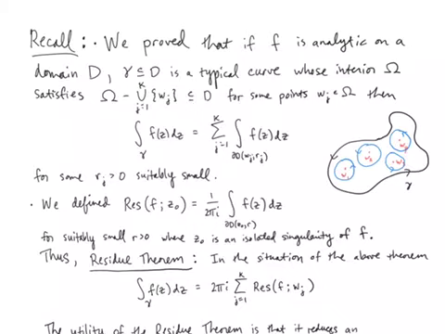So where we're going here is we're interested in what we can say about integrals around curves that enclose singular points of our analytic function, so points where the function is not analytic. Our first step is that we can take this integral and localize it to integrals around small circles that each enclose a single one of the singularities.